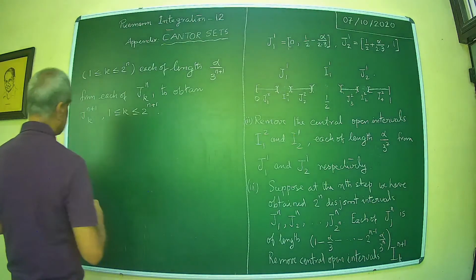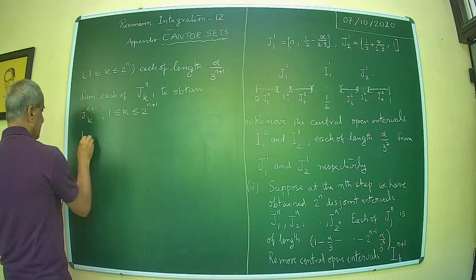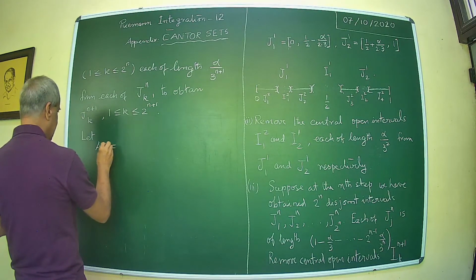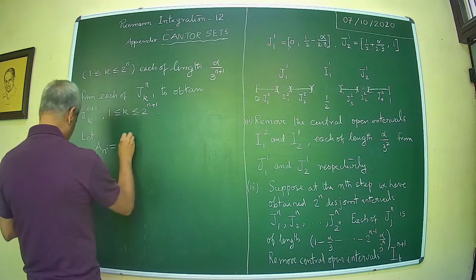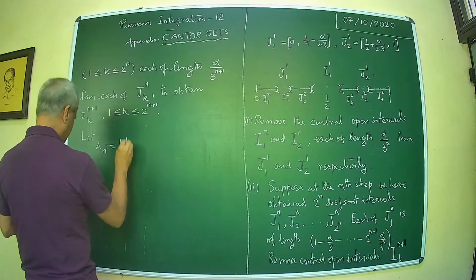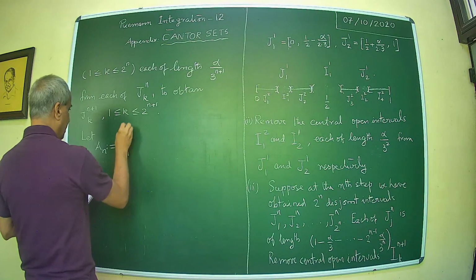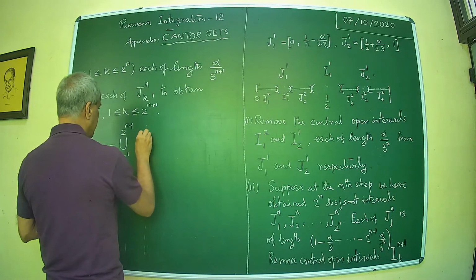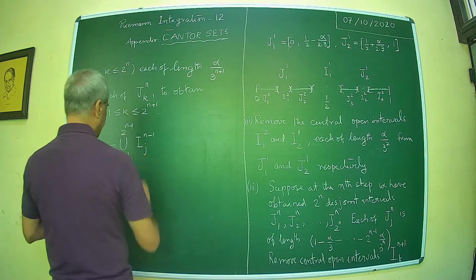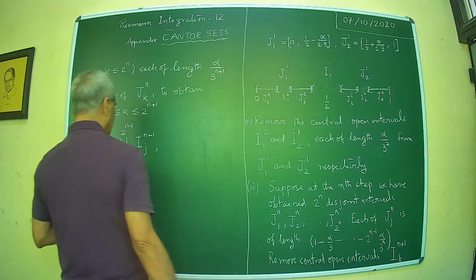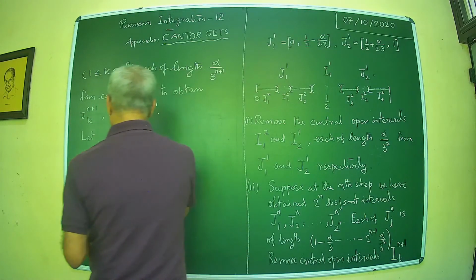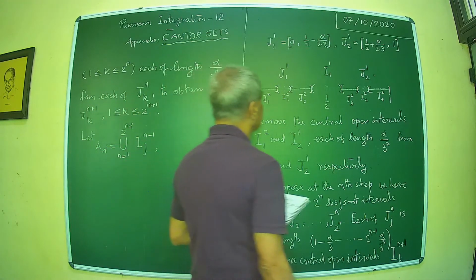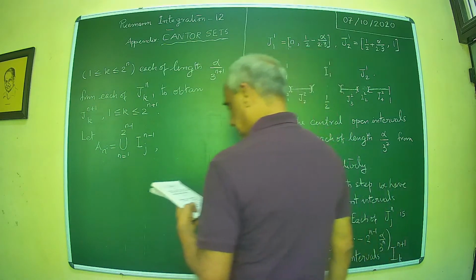So let us introduce some notation. Let A_n be defined as the union of the I_n,j, j equal to 1 to 2 to the power n minus 1, and that is the union of intervals removed at the stage n minus 1.